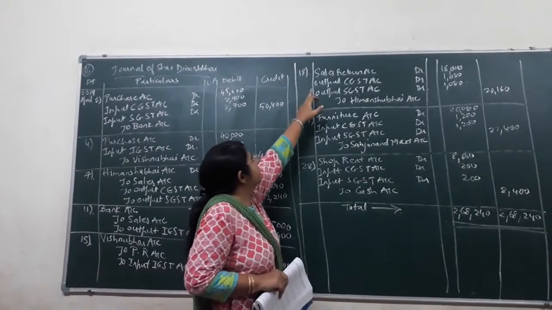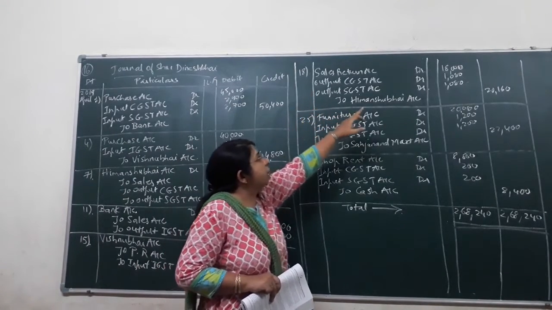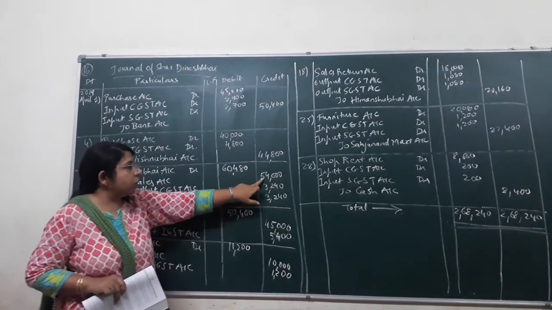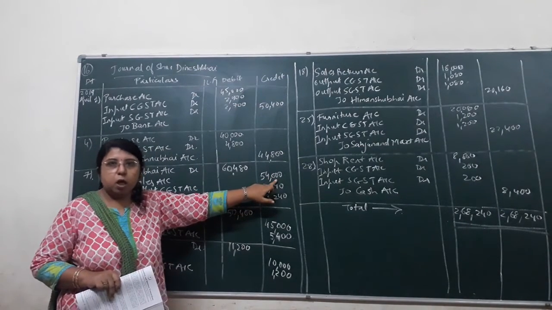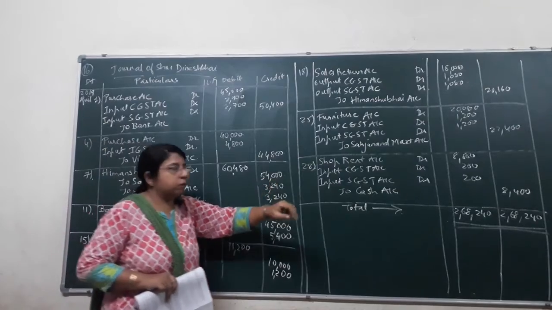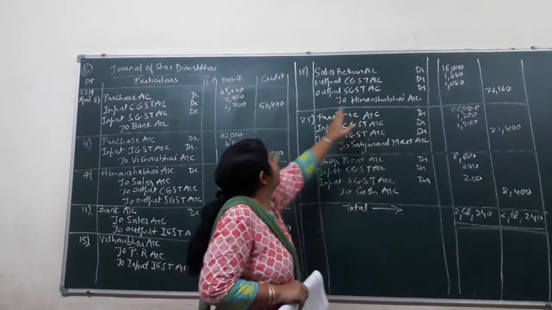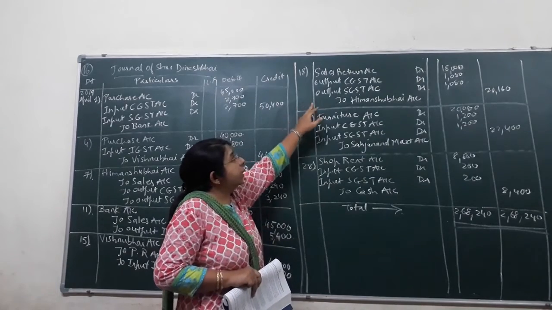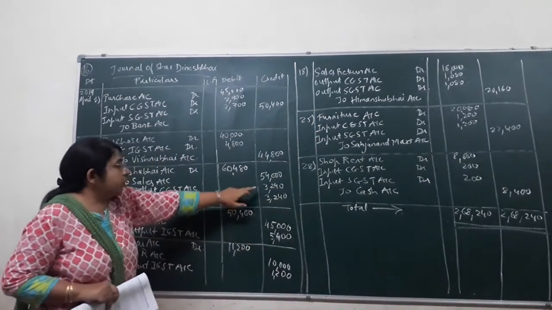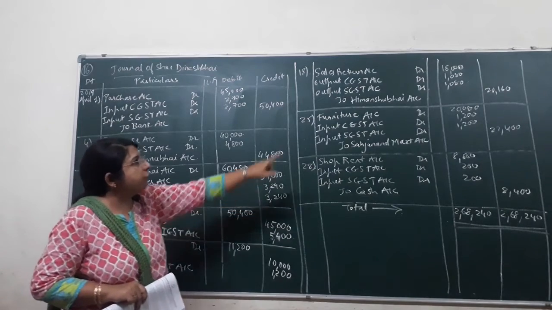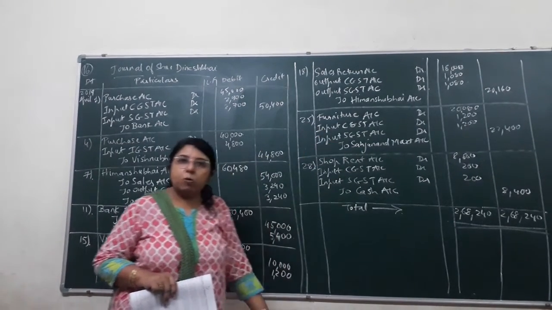Okay, so here you can see the entry that I have written: sales return account debit, that would come to 18,000. That is 1/3 of 54,000, which comes to 18,000. And you have to count the proportionate tax also on that. You can see here it is 3,240. 1/3 of 3,240 would come to 1,080.